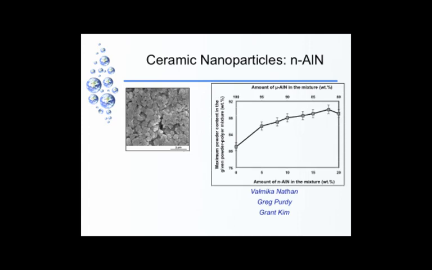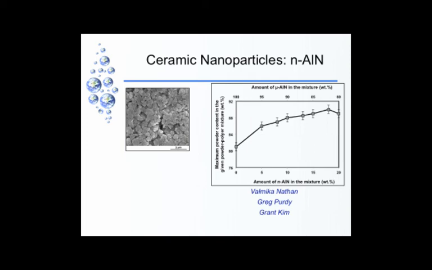And what he found out was, this is in weight percent, what is the maximum content of the powder in the polymer. What is plotted here is the ratio of micro to nanoscale particles. So two things you can observe. If you change the ratio of micro to nano, the maximum packing density changes, and it goes to close to 91 weight percent, which turns out to be close to 72 volume percent.